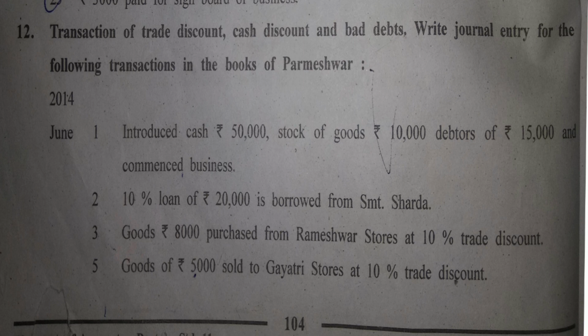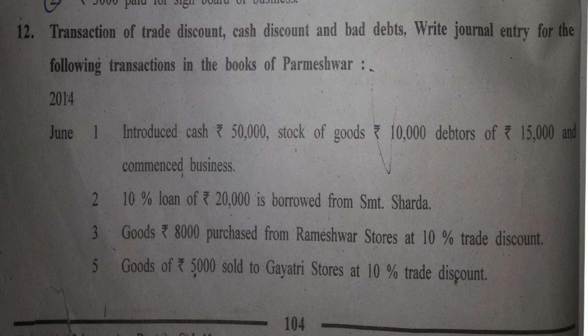To capital account 75,000, that is 50,000 plus 10,000 plus 15,000. So capital of the business is 75,000. Narration by now you might be able to write on your own, so I will not dictate narration. So we are done with the transaction on 1st of June.